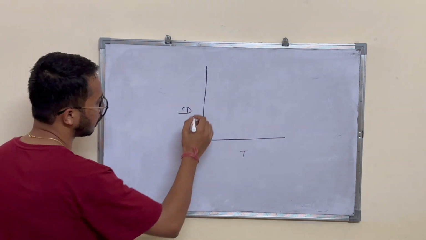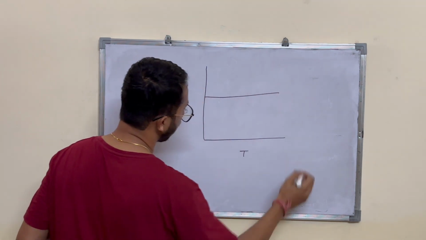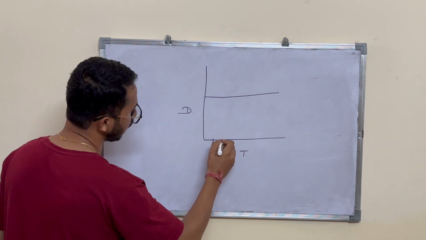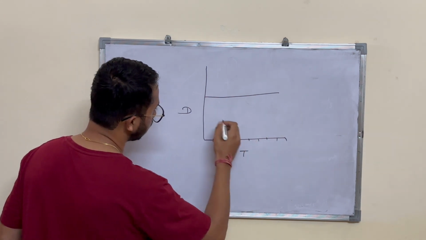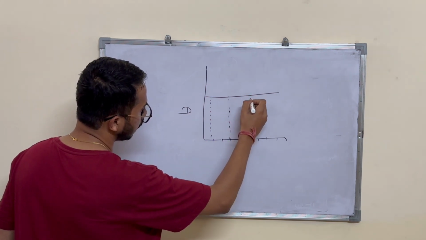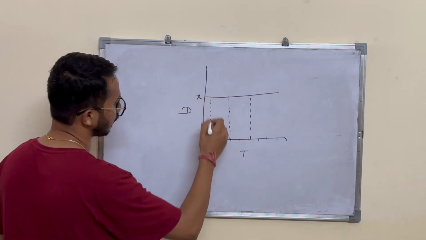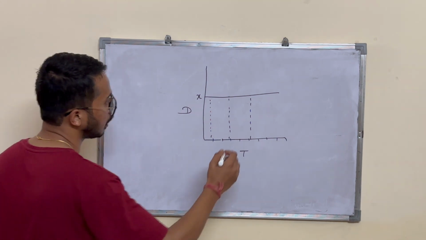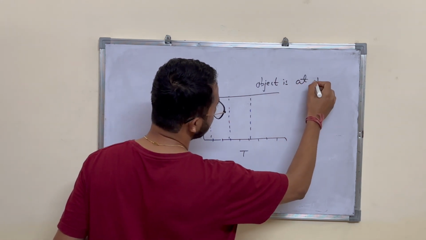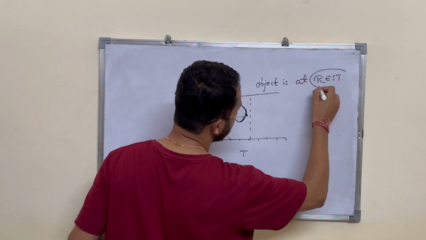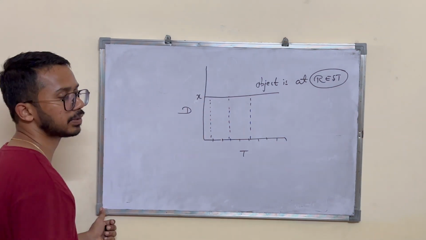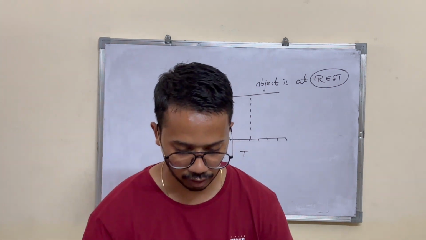The line is parallel to the time axis, so for every instant of time, the distance is the same, let's say it is x. What does this mean? This means our object is at rest. Why rest? Because distance is not changing, so the object has to be stationary.